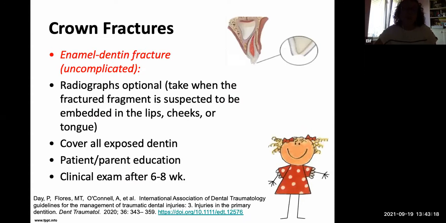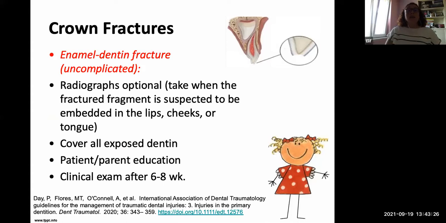Enamel dentin fracture, the uncomplicated one: if we face a situation like this, radiographs are optional. We might take one if we are suspicious that the fractured fragment is embedded in lips, cheeks, or tongue.